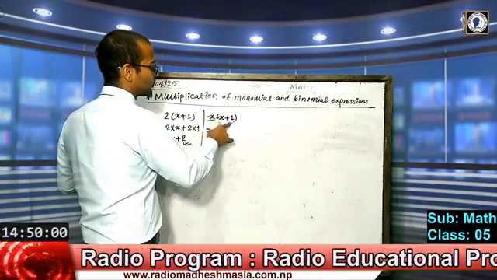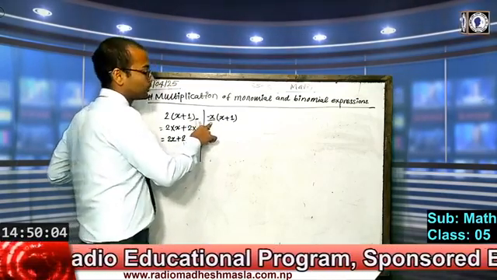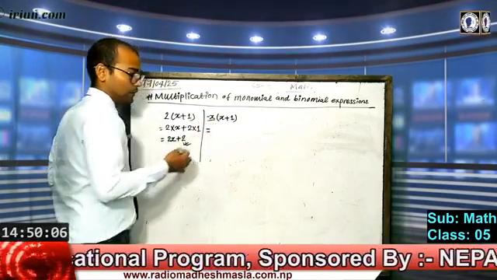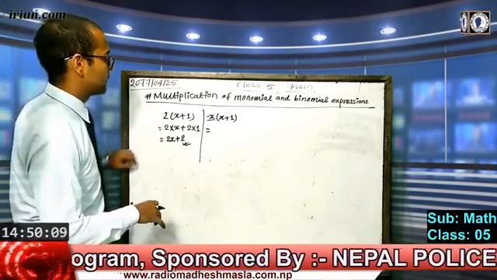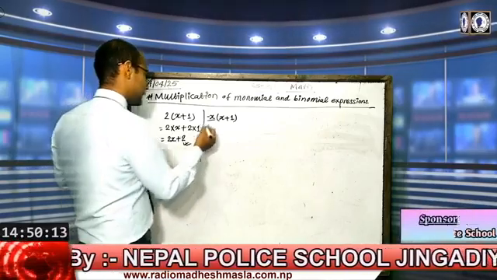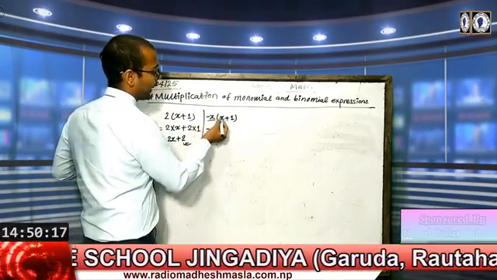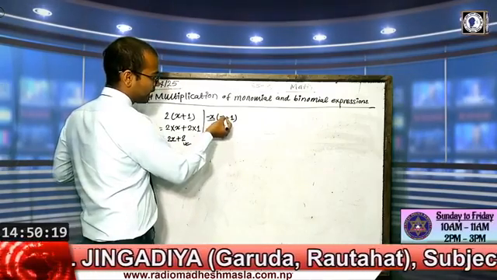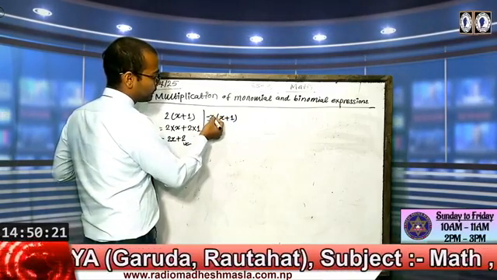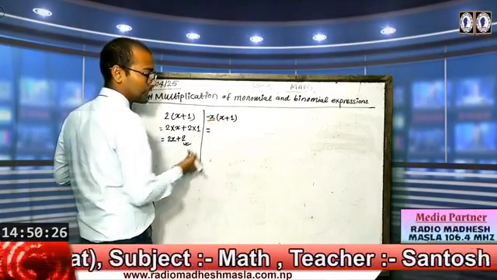So x plus 1 is multiplied by minus x. Students, before multiplying the expressions, we should first multiply their signs. Here we have a minus sign in front of x, and then between x and this bracket, that means the binomial expression, there is no sign, it means multiplication sign.